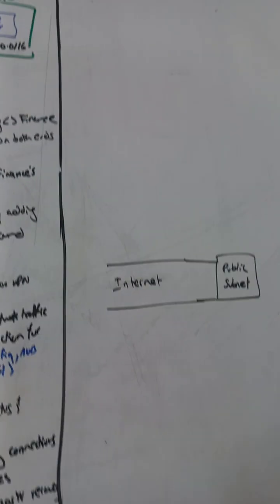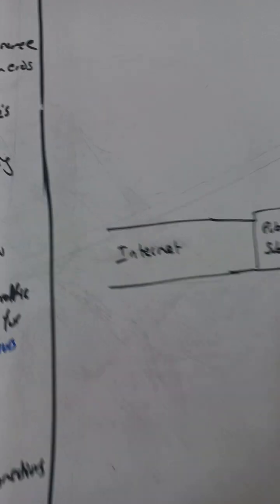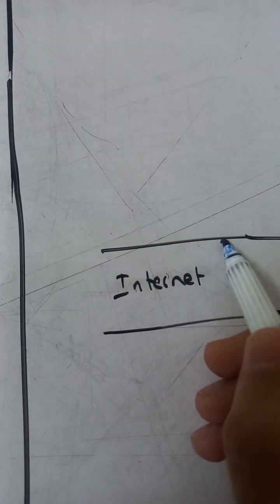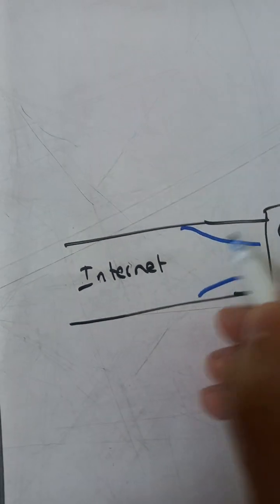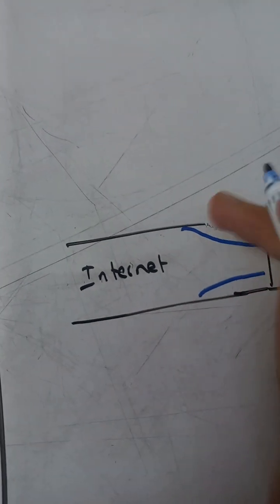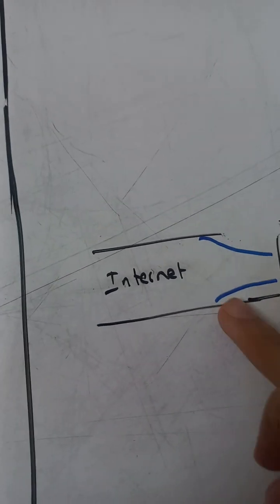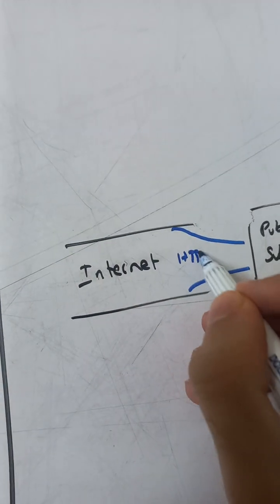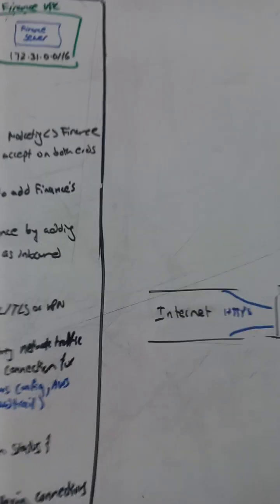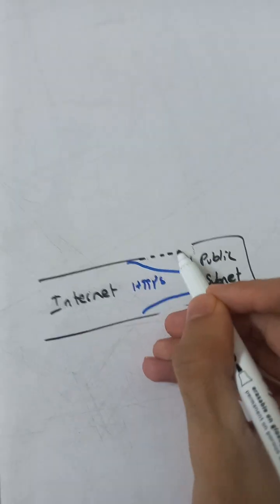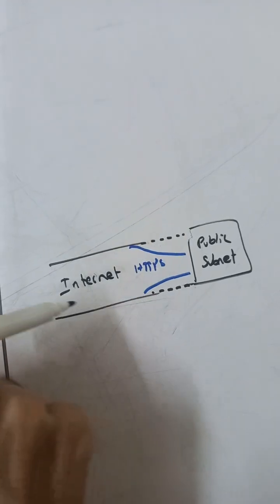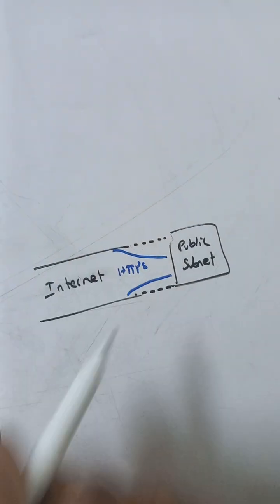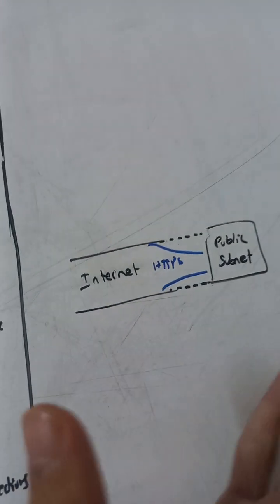But what you do instead is say, okay, let me just allow HTTPS to flow through. So now, with adding a network ACL, you just said, okay, now just allow HTTPS traffic to flow in. So you're basically constraining yourself.